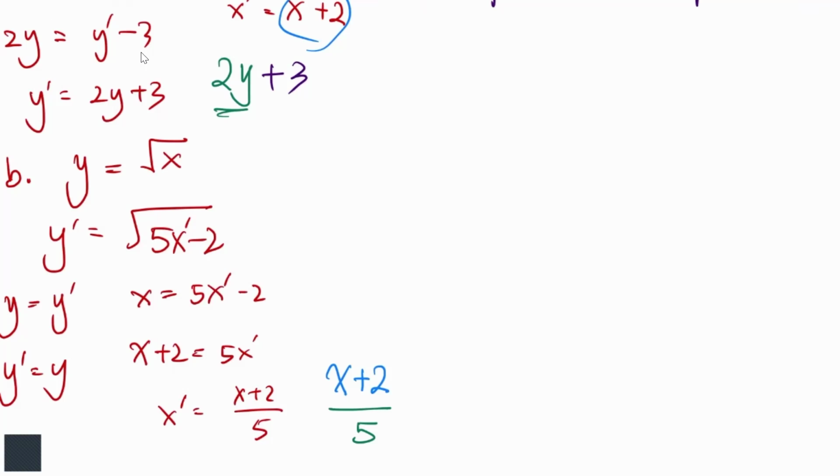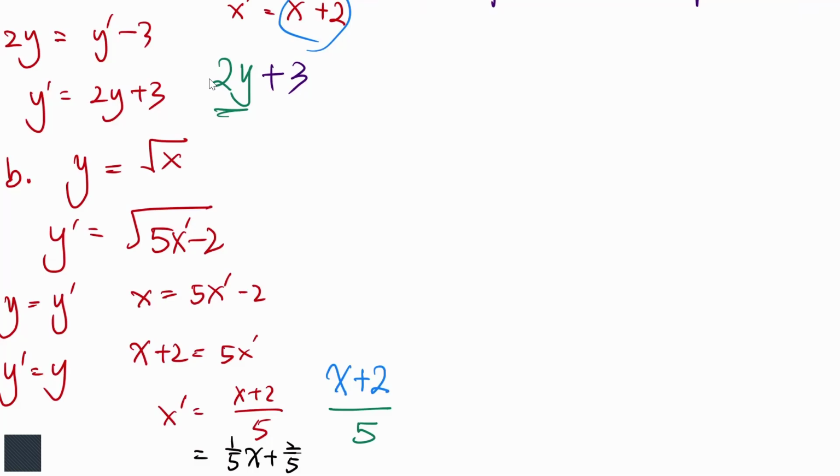Now, if you say, I just want to do dilation first, I don't want to do translation first, I just have this habit. Now what should I do? You can rewrite that into 1 over 5 x plus 2 over 5. I did nothing but break down this division. I divide everything by 5 separately.